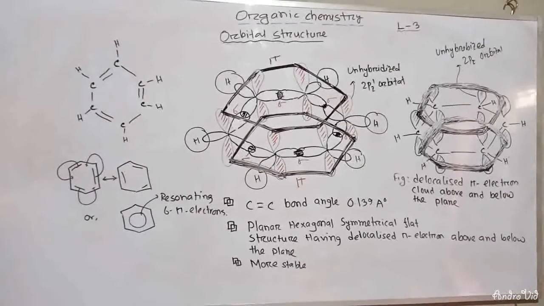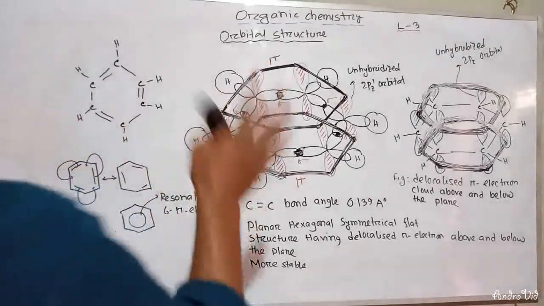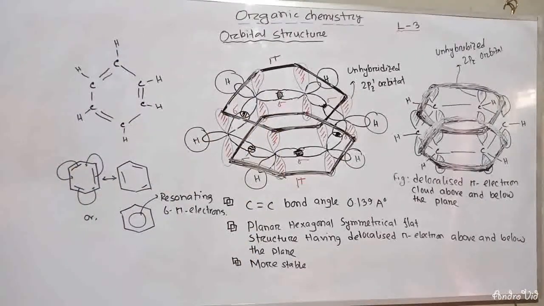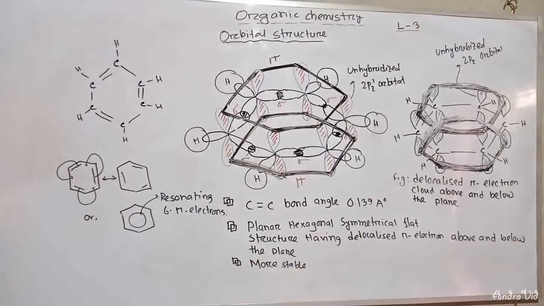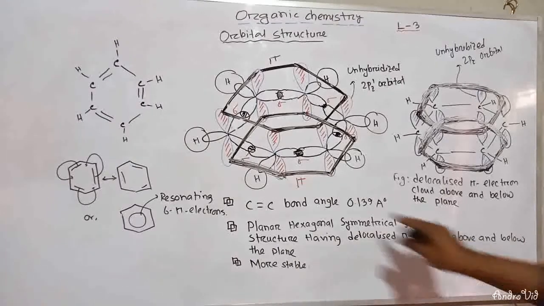And again, in case of benzene, this is clear to us that the carbon-carbon bond length is 0.139 nanometer. In case of aliphatic compounds, the carbon-carbon double bond length is 0.134 nanometer. So the bond length is basically in between.